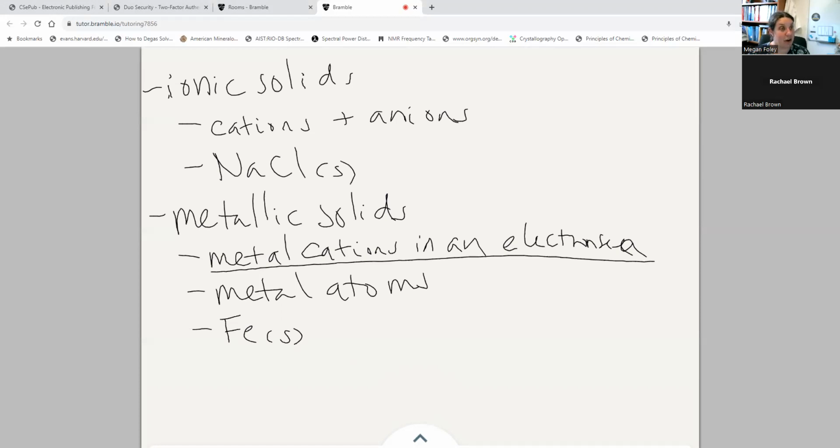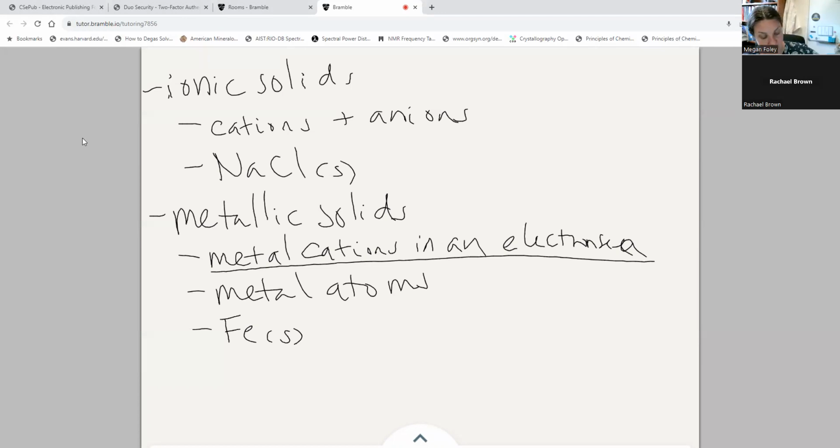These have pretty variable melting points because of this electron sea model that we'll talk about in just a second. So they're going to be all over the place in terms of melting points. Usually they're going to be solids at room temperature, though.